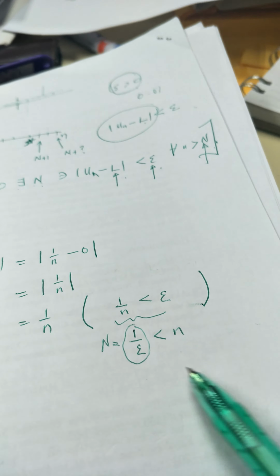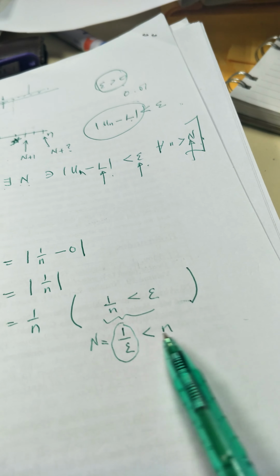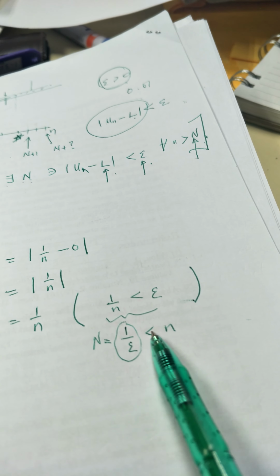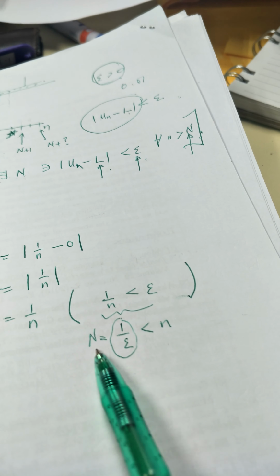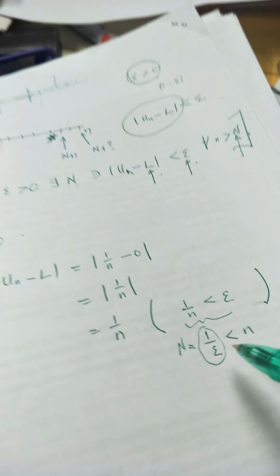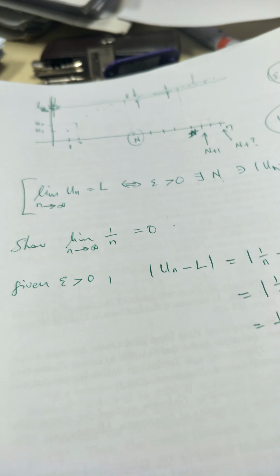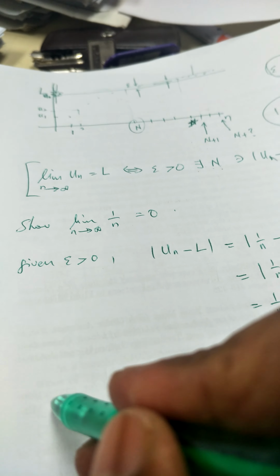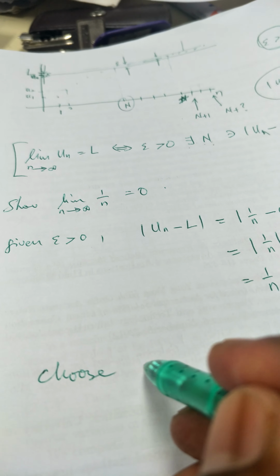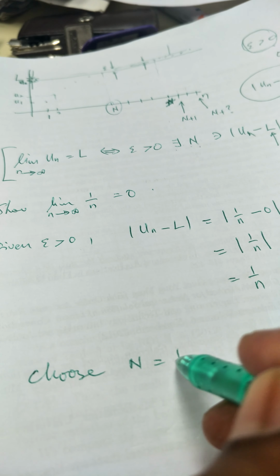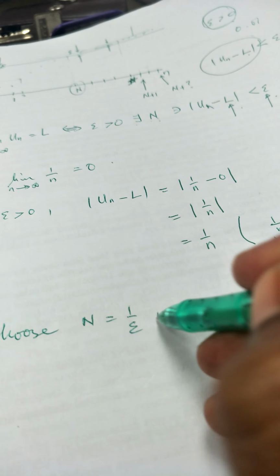So you can see that in any case, n is always bigger than this capital N. Therefore, you can choose N as 1 over epsilon.